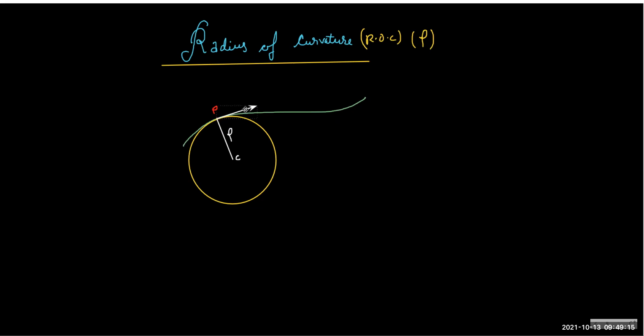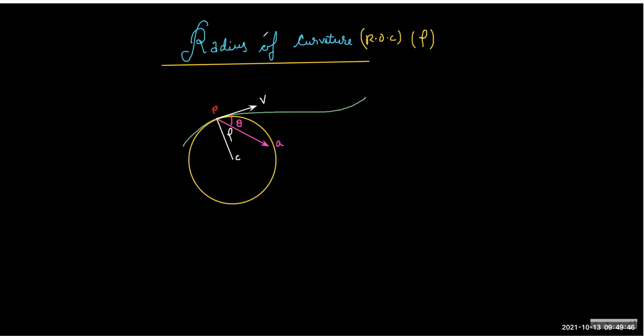So, in terms of physics, to find the radius of curvature, we need two things. We need velocity and we need total acceleration. Once you give me these two values, I can find the radius easily. I also need the angle theta.